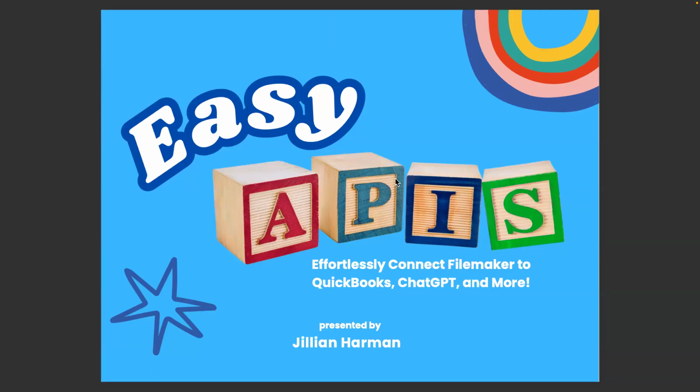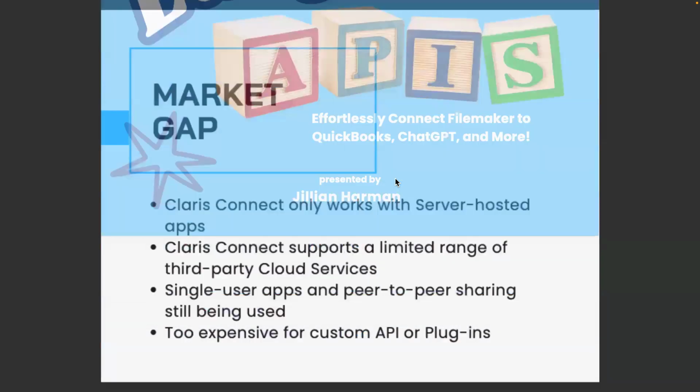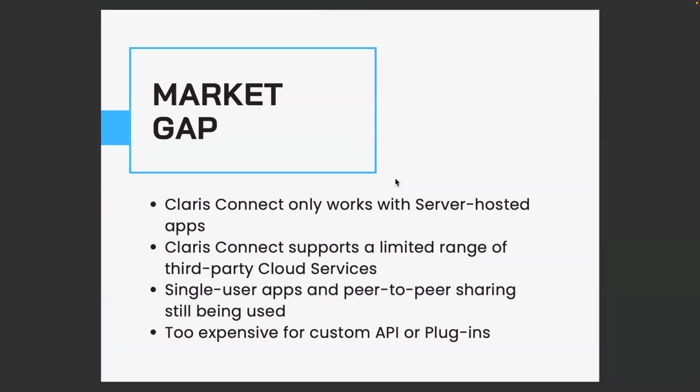So you're probably all familiar with Claris Connect, but there are some gaps in what it can be used for. Number one of which, your solution has to be hosted on FileMaker Server. Secondly, it currently has a limited range of third-party cloud services that it supports.